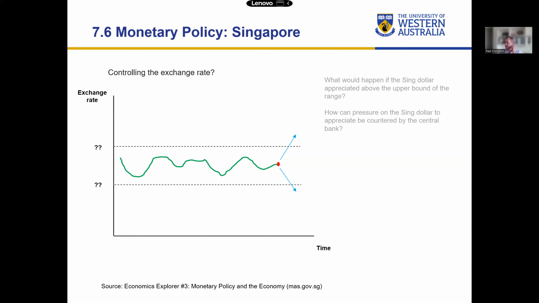Investment flows in and out of countries, in particular, can be very volatile. If you have a surge of investment money coming into your country or a surge of money leaving, that is going to put a lot of pressure on your exchange rate, either up or down, depending upon where the money's coming in or out. So exchange rates can be very volatile, and in Singapore, you have to control that volatility to control import prices.